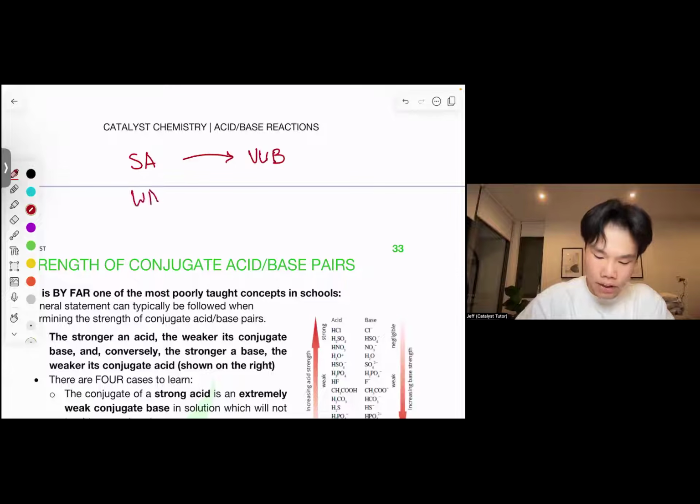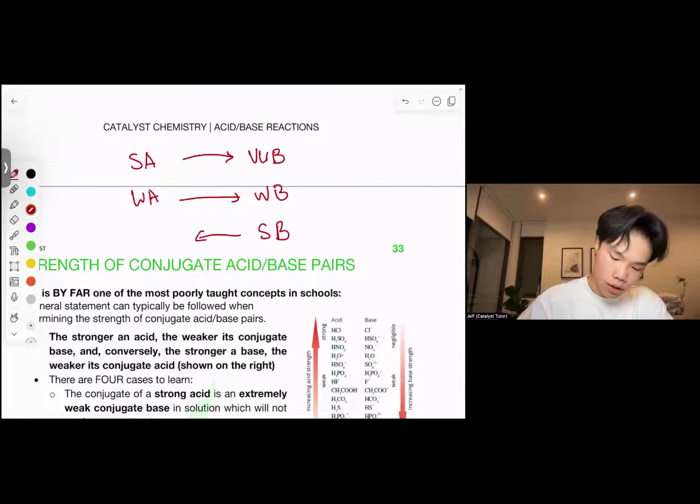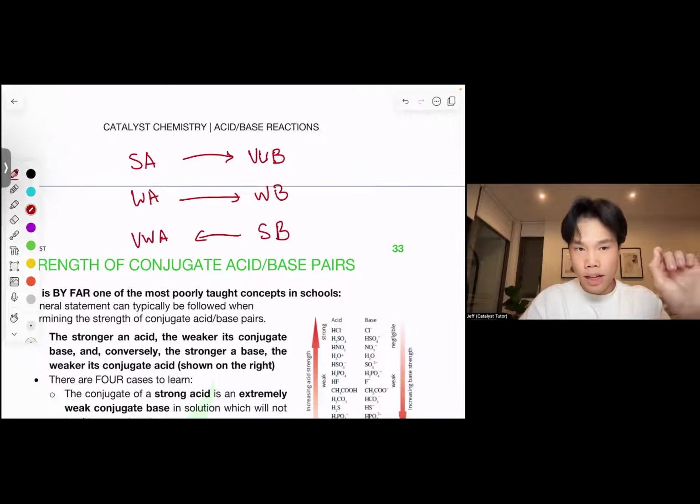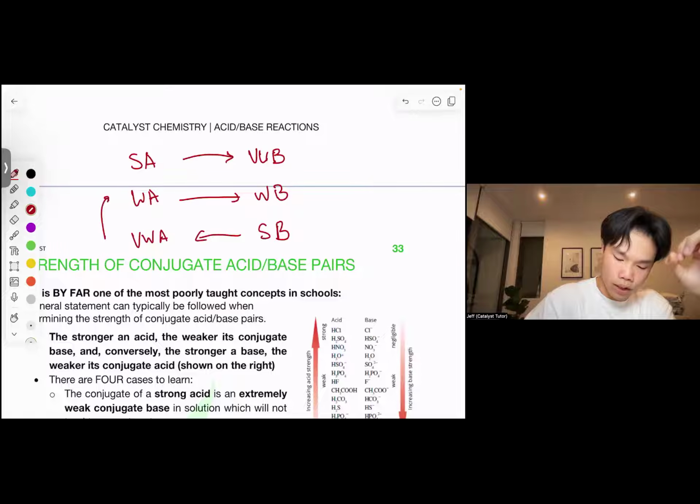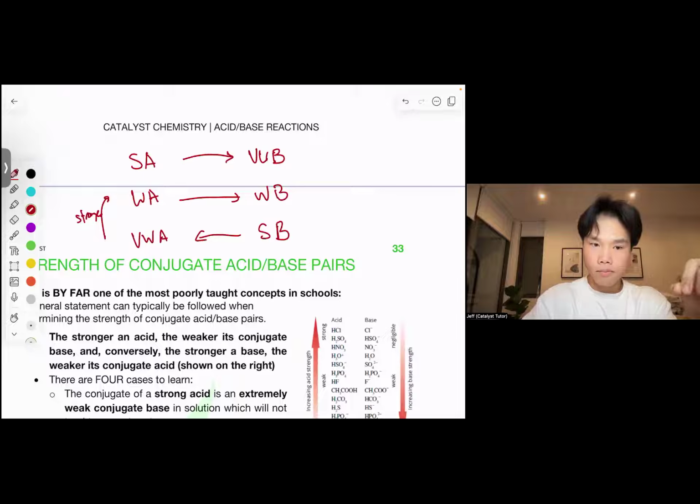If you have a weak acid, the conjugate is going to be a weak base. And if you have a strong base, the conjugate is going to be a very weak acid. A weak acid versus a very weak acid: they're both weak, but when we consider conjugate pairs, it's important because a weak acid is still stronger than a very weak acid. Okay.